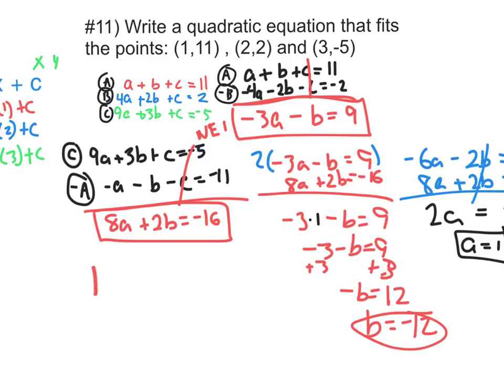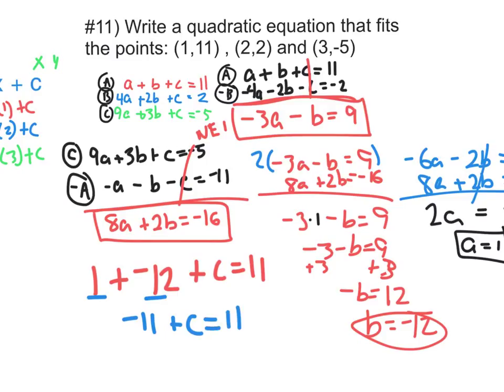A is 1 plus b, that's a minus 12, plus c equals 11. So when we combine like terms, 1 and negative 12, that's negative 11, plus c equals 11. So I add 11 to both sides. C equals 22.